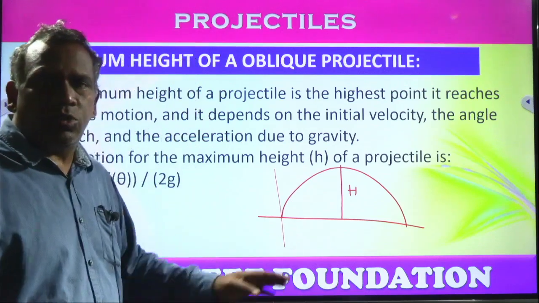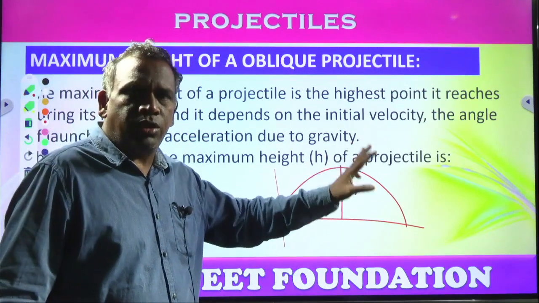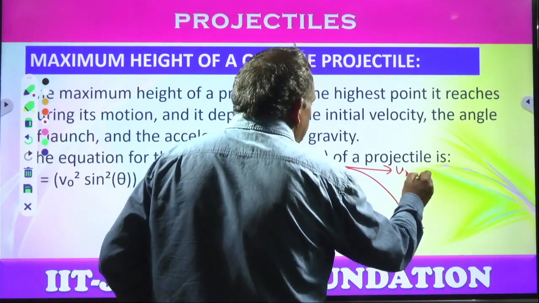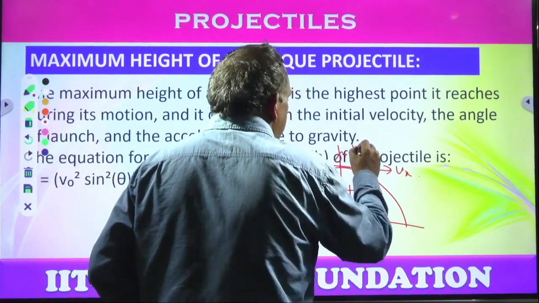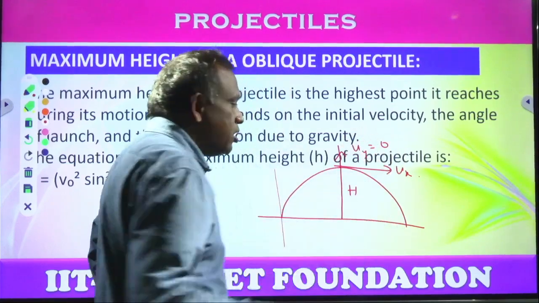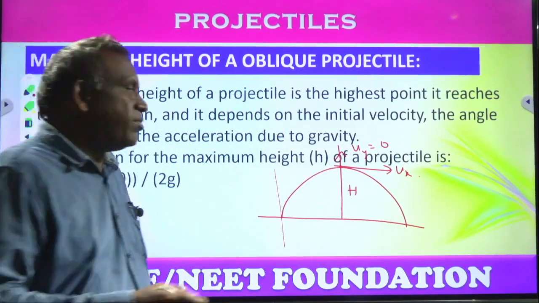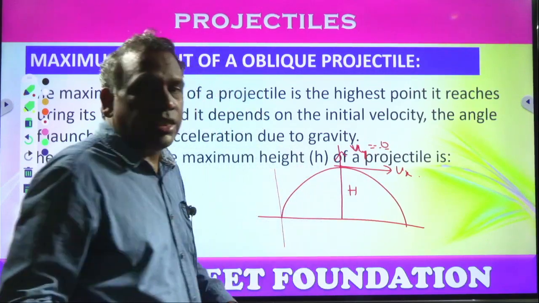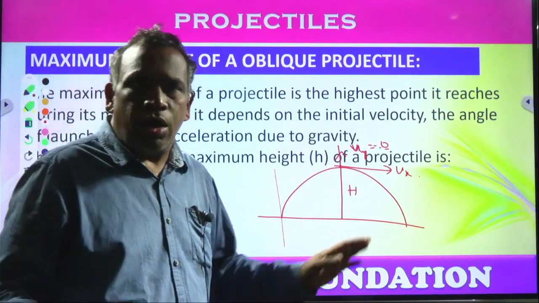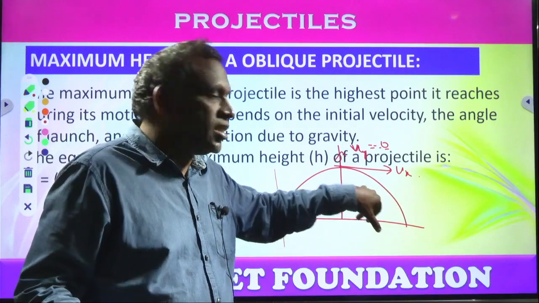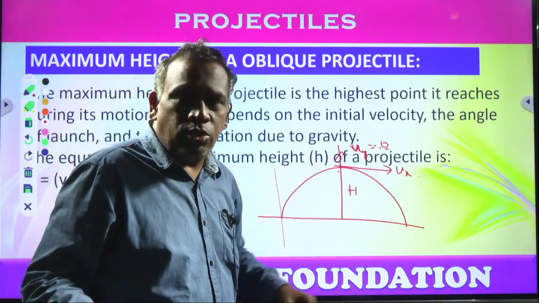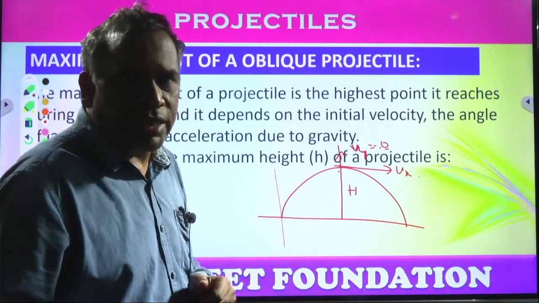Here horizontal velocity ux will be there, but vy will be 0. The final velocity vy will be 0. So horizontal velocity u cos theta exists at the maximum height, but vertical velocity will be 0.